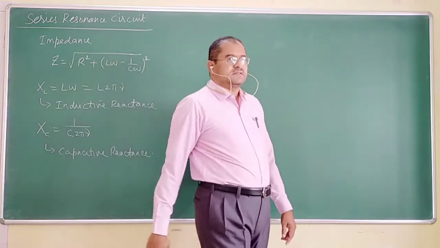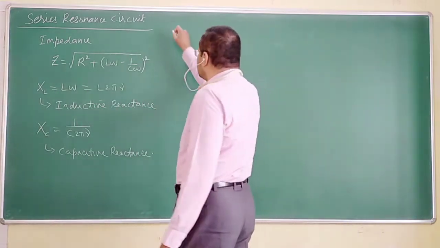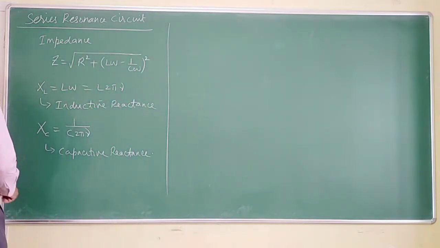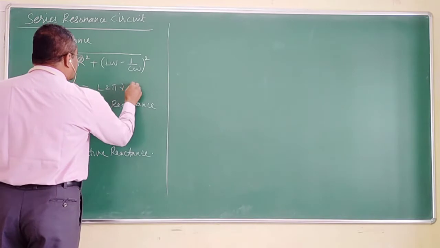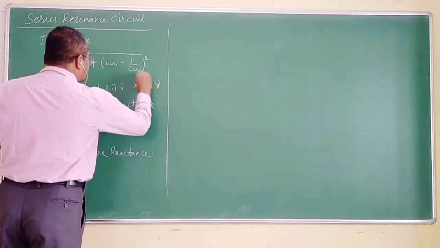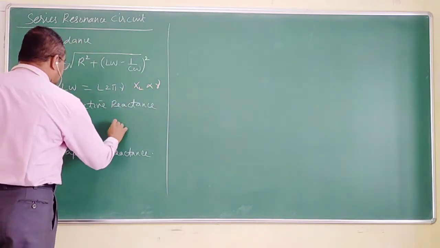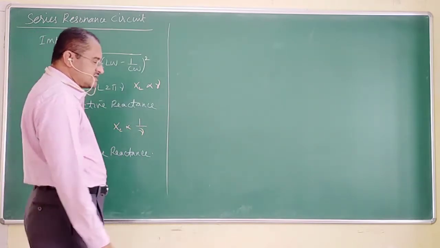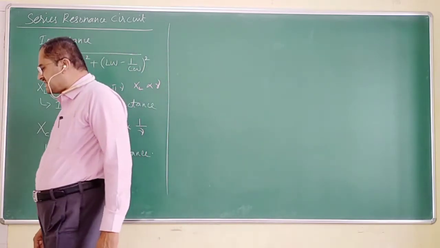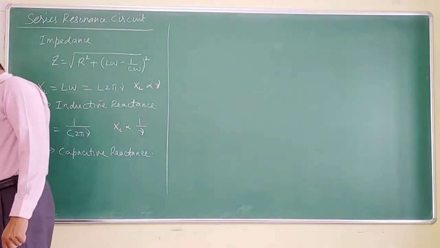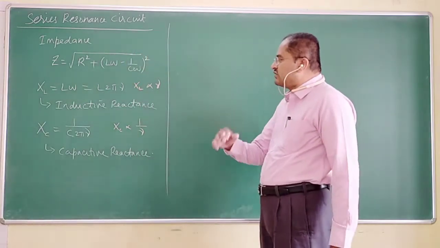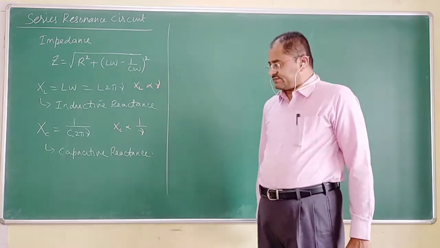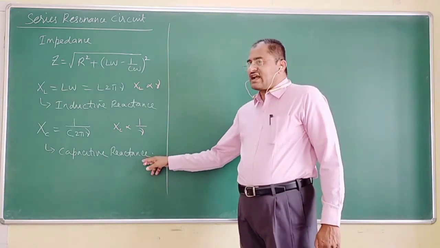As you can see from the equation, XL is directly proportional to frequency, and XC is inversely proportional to frequency. Therefore, for very low frequency, inductive reactance will be negligibly small and capacitive reactance will be very large.